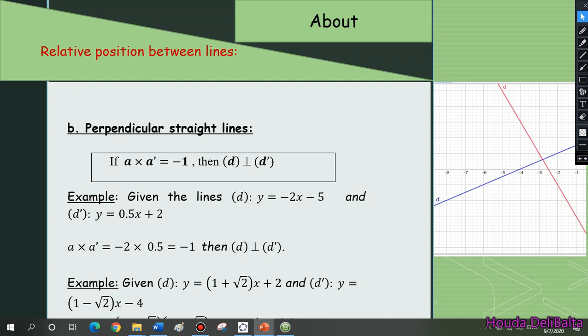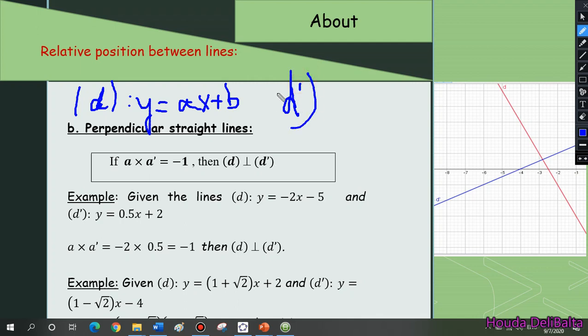So again, in general, the line D is usually represented by D, y equals ax plus b, and D prime is represented by D prime, y equals a prime x plus b prime.